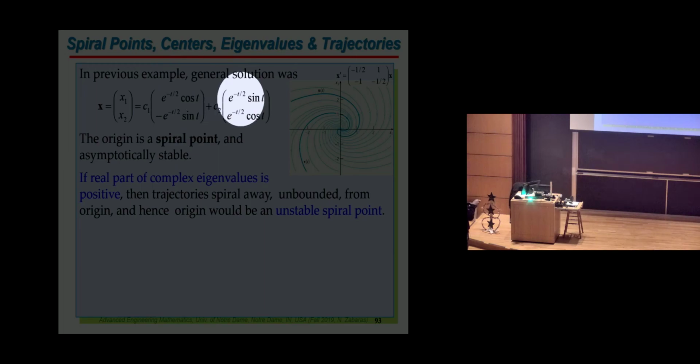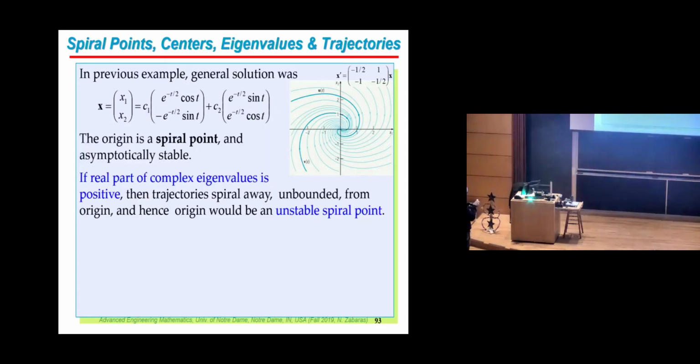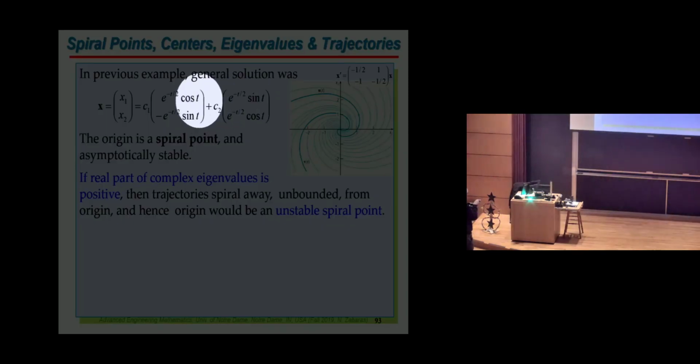So these are the characteristic solutions. And you notice in this case, because this is e to the minus t and e to the minus t, as t goes to infinity, they approach the equilibrium point 0, 0. But they approach it in an oscillatory manner, all right? So we call this a spiral point, because it spirals towards 0.